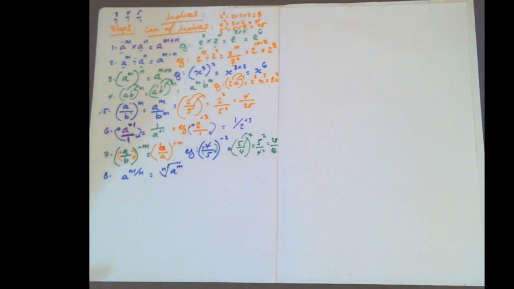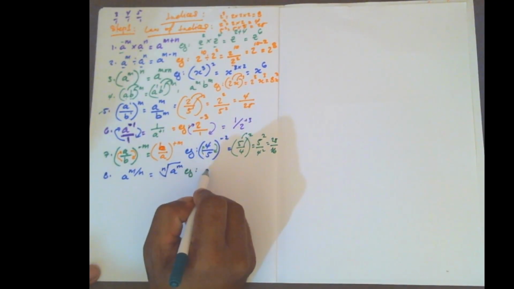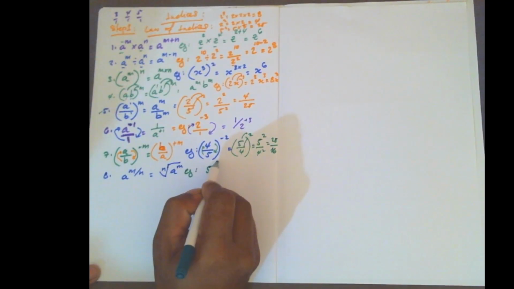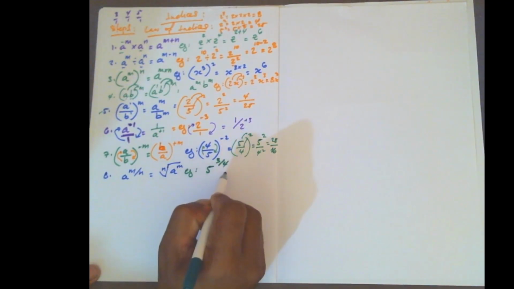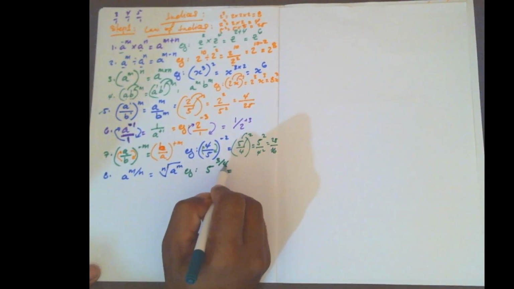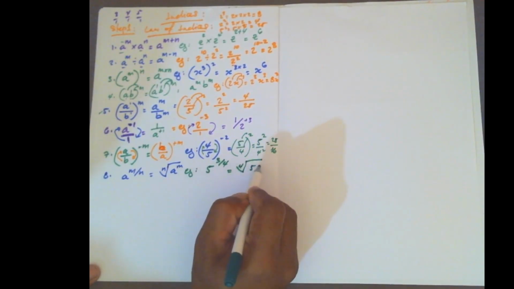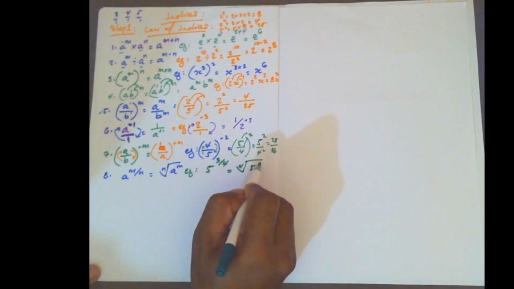A to the power of m. Let's look at one example. Suppose we have 5 to the power of 3 over 4. This is equal to, I'm taking the fourth root of 5, and 5 is raised to the power of 3.